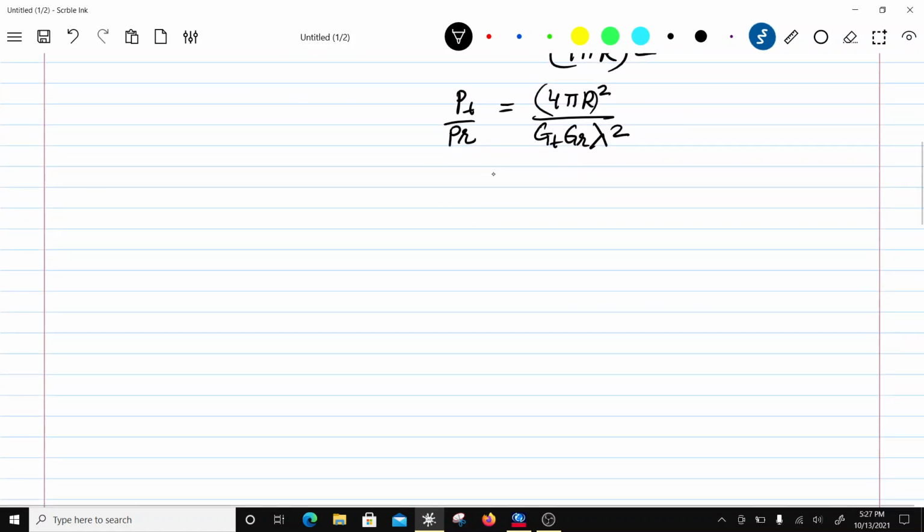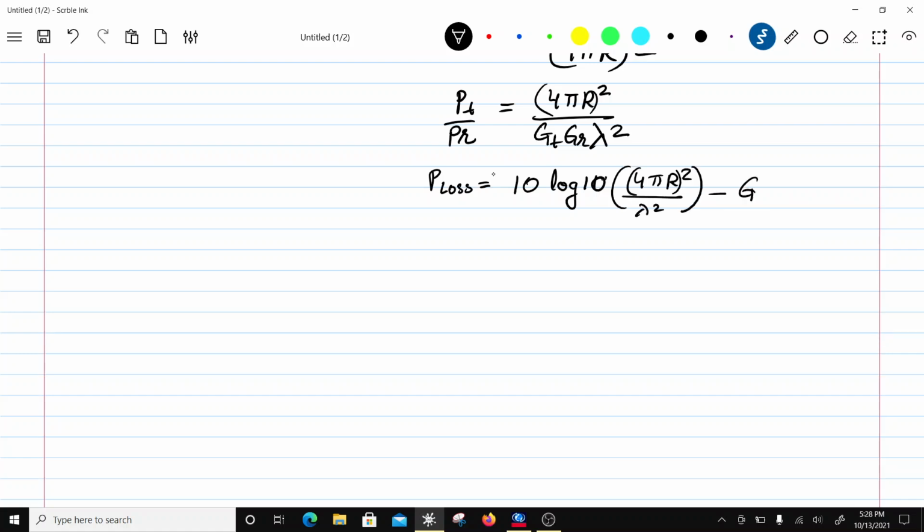Now if I express this in dB, so this is the path loss in dB, that will be equal to 10 log 10 of this number, which is (4 pi r) whole square divided by lambda square, minus the GT in dB minus GR in dB.